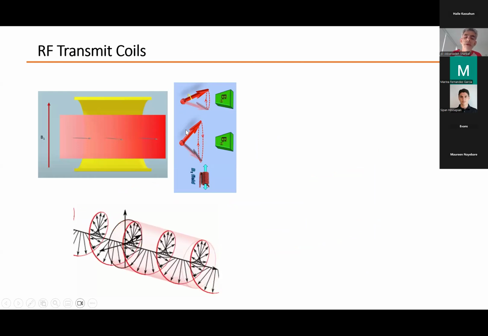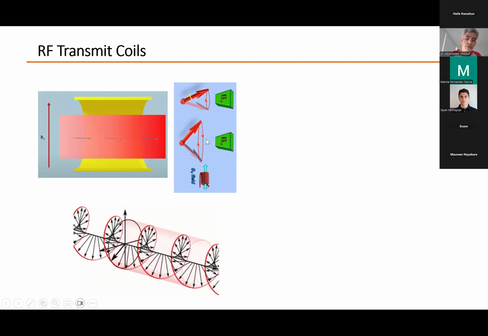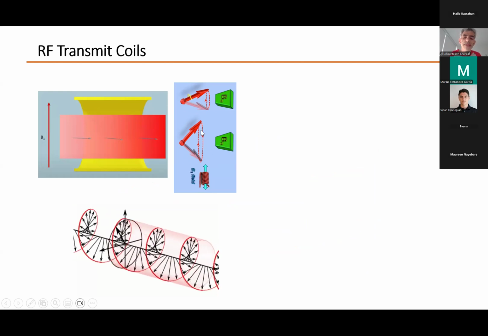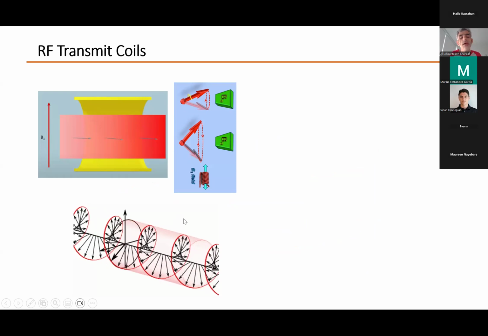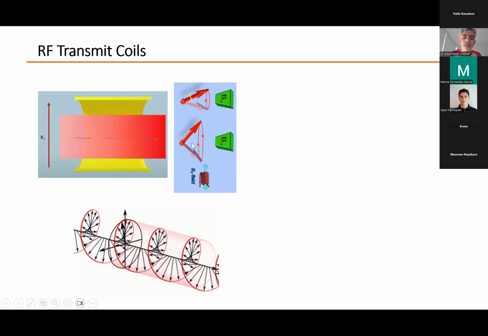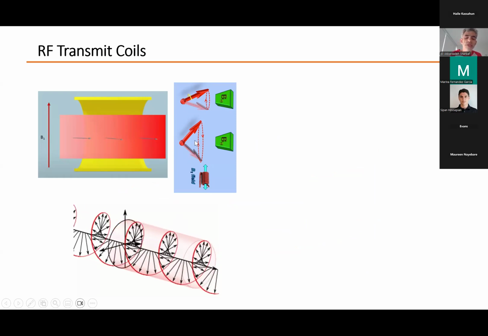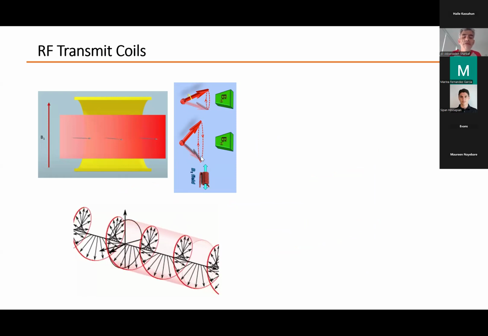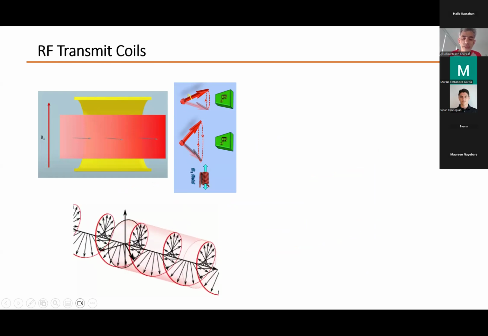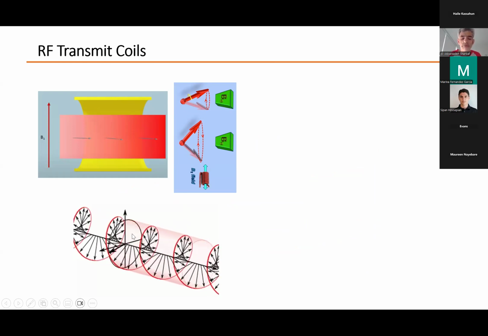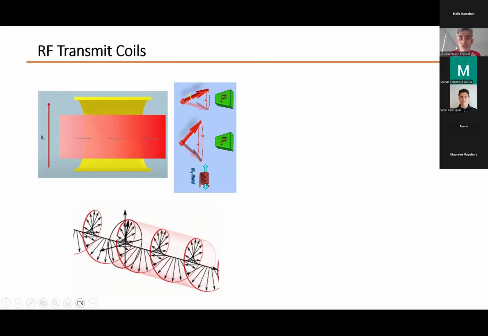Okay. Remember the circular pattern of the proton when the B1 field is applied. The point is that in order to increase the flip angle, we have to apply a B1 field with the same frequency as the Larmor frequency and the same direction.